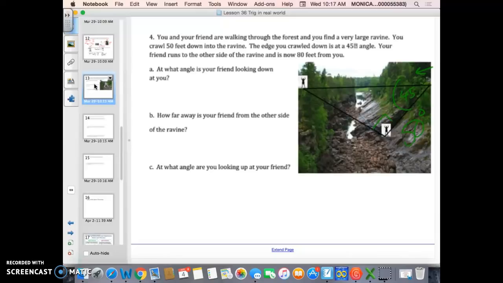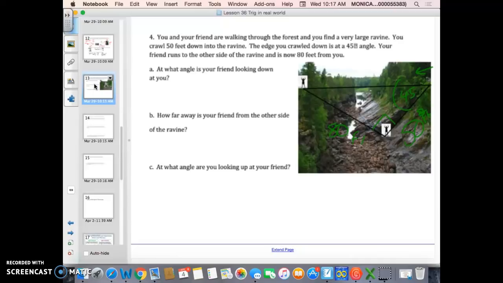This is a 90 degree angle. And your friend runs to the other side and is now 80 feet away from you. So your friend cruised across. I don't know how they flew, I guess. And now they're 80 feet away from you. I don't know why I put degrees here. This is not degrees, this is feet. This is also feet.